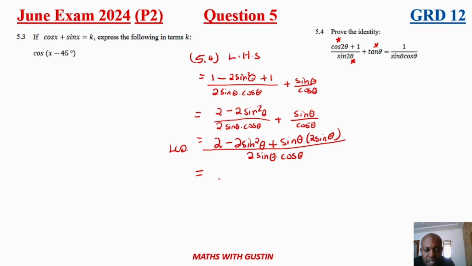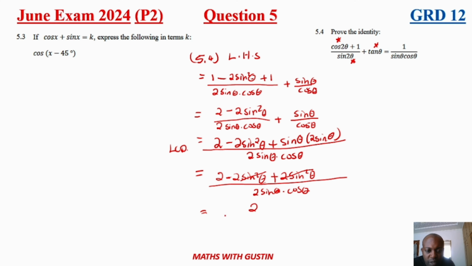So you can see here, let's simplify our numerator there. The denominator will remain the same. 2 sine squared theta plus, when you multiply with that one, you're going to have 2 sine squared theta. So if we simplify the top, we've got a negative here, we've got a positive there, so this will cancel each other out.